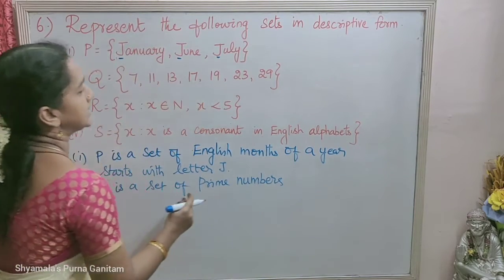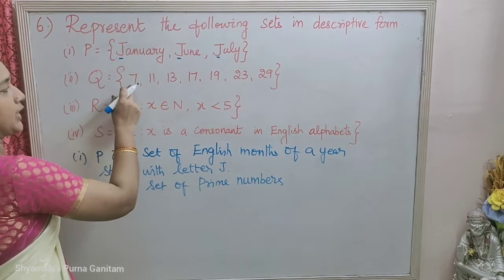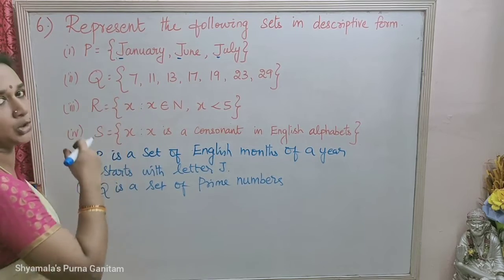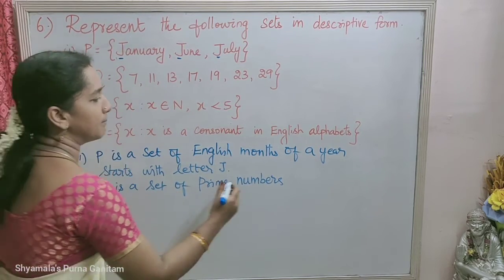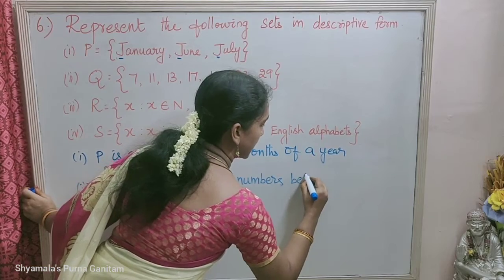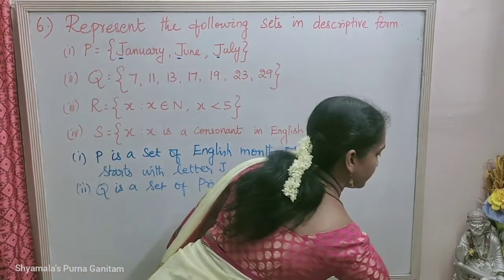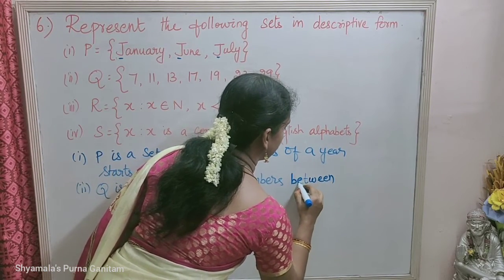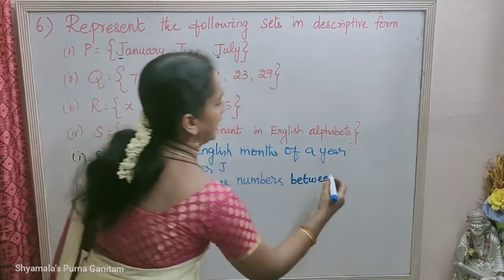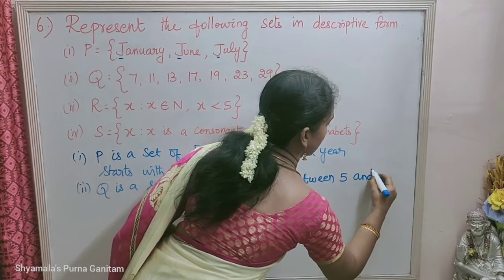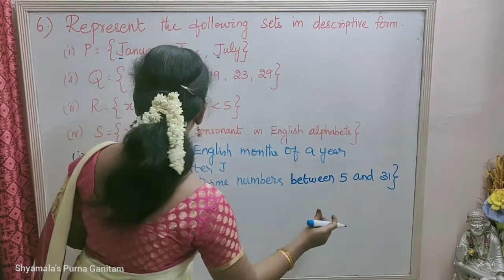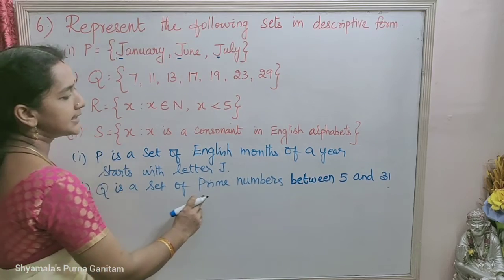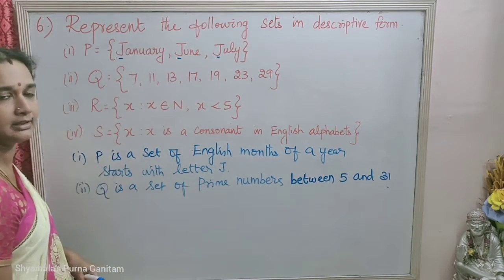Instead of saying less than or equal to, we can say prime numbers between 5 and 31. Since this is descriptive form, you should not put brackets. So Q is a set of prime numbers between 5 and 31.